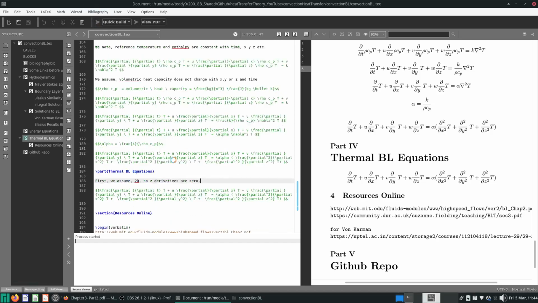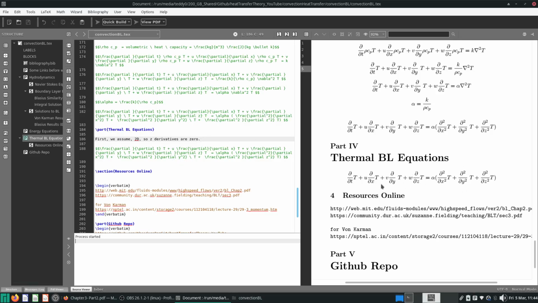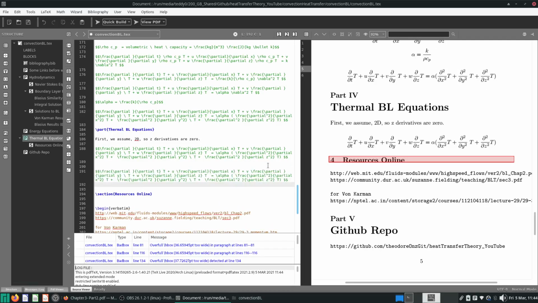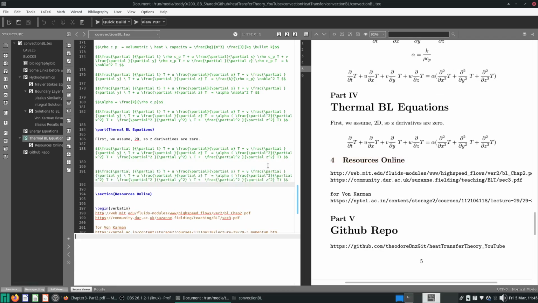Of course, in general we have 3D, but we can reduce it to 2D. We can cancel off the Z terms. We assume no variation with Z, so it's a 2D problem. That takes care of these two terms.